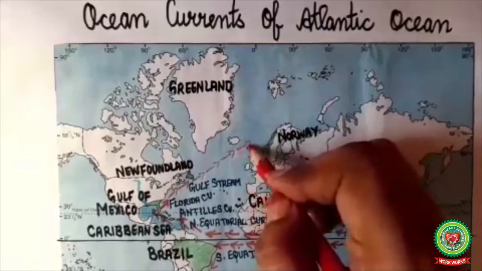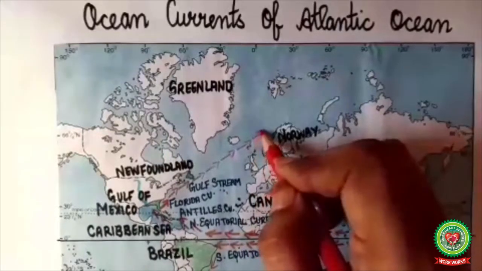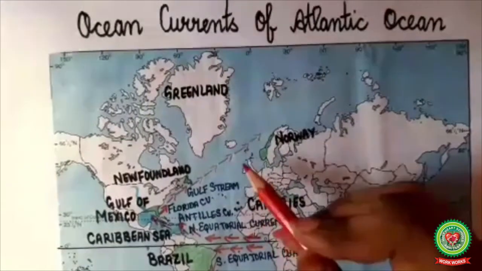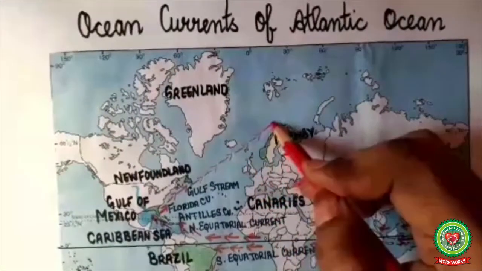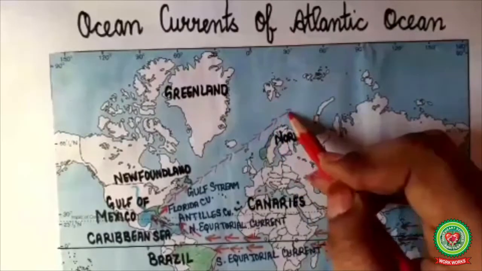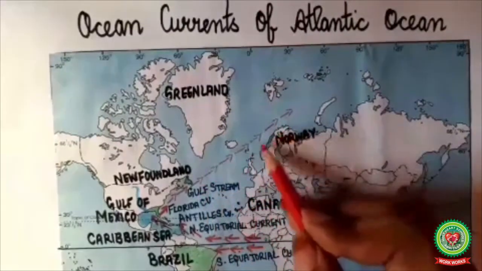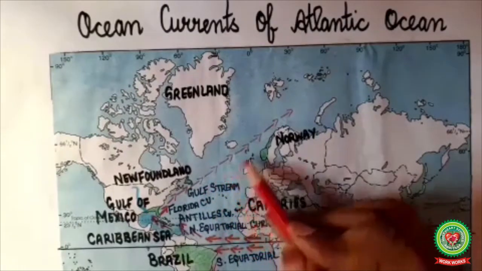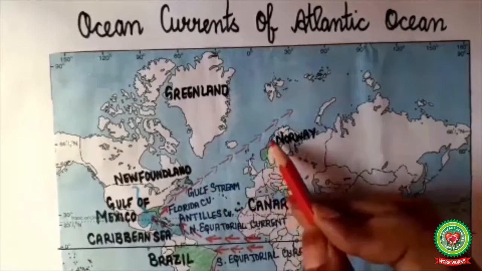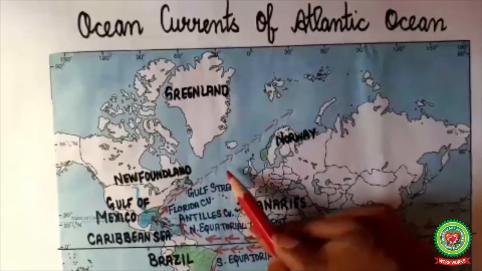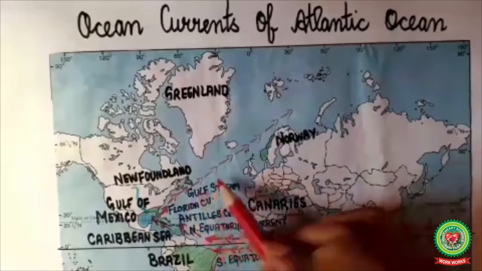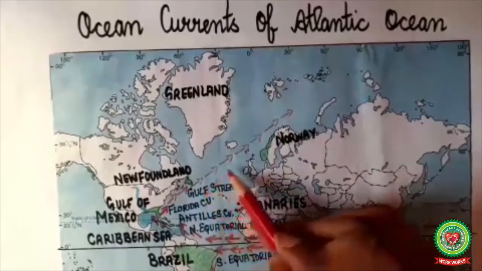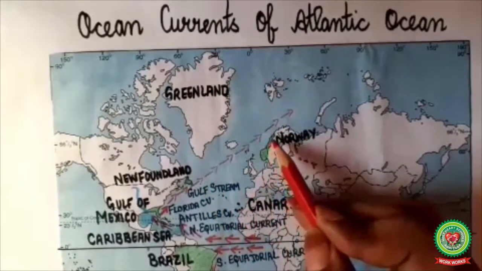Here the westerlies prevail. So they blow like this and move towards Europe. It reaches till the Arctic Ocean. Here it is named the North Atlantic Drift. Drift because it is under the influence of the westerlies. So it moves slowly towards Europe under the influence of the westerlies, that is the permanent winds.